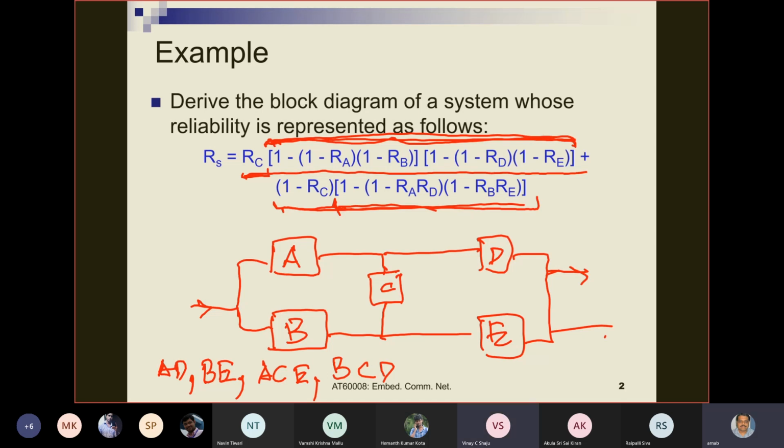So AD are in series, BE are in series. So AD is RARD, BE is RBRE, RARCRE, like this. Then we will find out the probability of each of these series paths failing. So 1 minus RARD, 1 minus RBRE, like this. Then we will multiply them to find out the probability of all these series paths failing together, and 1 minus that will again give me the upper bound.